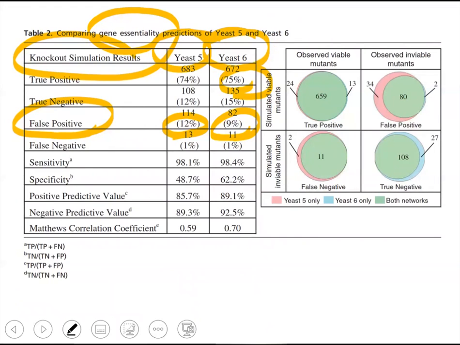These are the things that you will see if you look at those update papers. They will report that the new version of the genome scale metabolic network for that organism is better for these reasons, for example a better prediction of growth rate, or a better prediction of knockout gene deletion simulations.